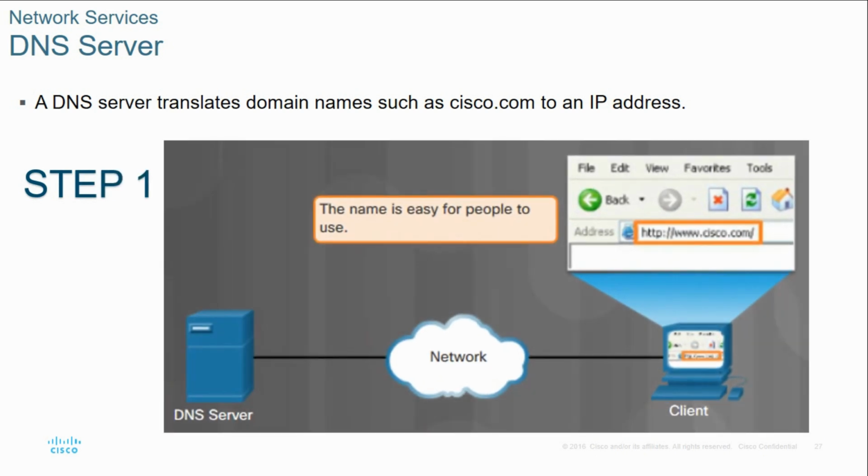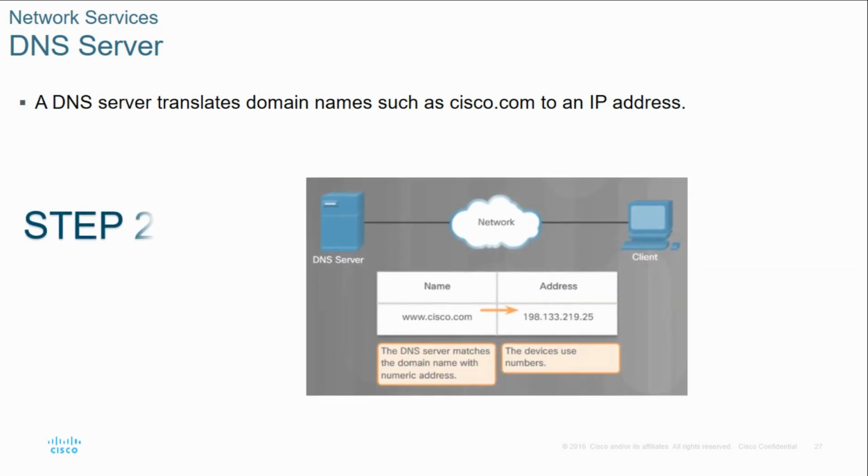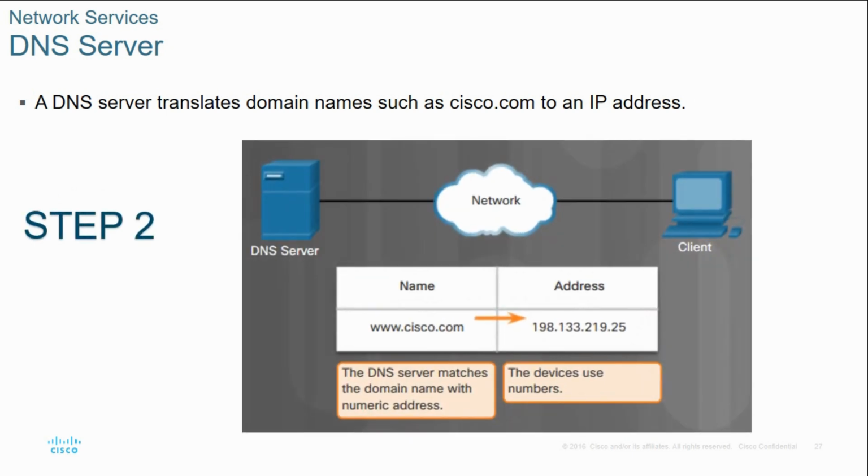In this example, you will see that a client types in www.cisco.com. This means that the user would like to access the website. In step 2, the DNS will try to match the domain name requested by the user with the corresponding IP address of the domain.